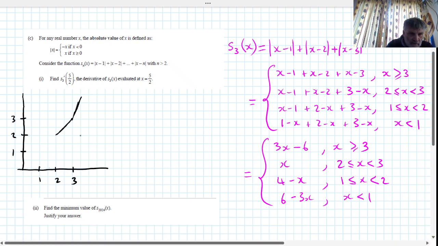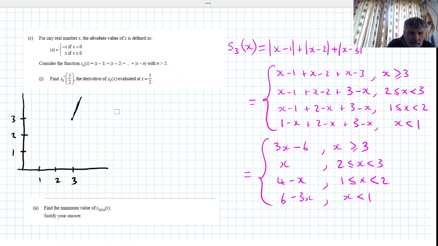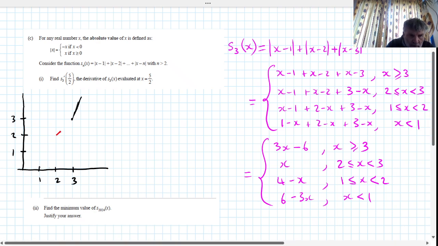Maybe it will be easier to see if we change the colors. Between 1 and 2 it's 4 minus x, so 4's here, minus x is coming down like this, so we got this.